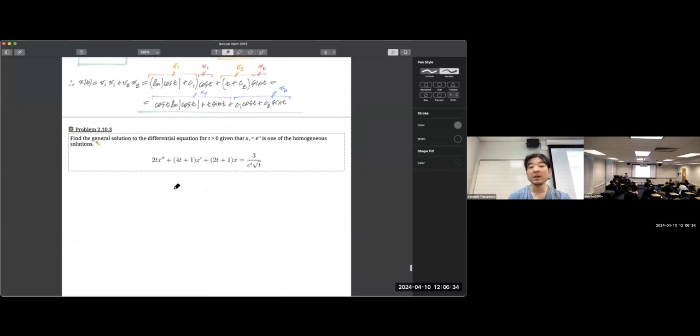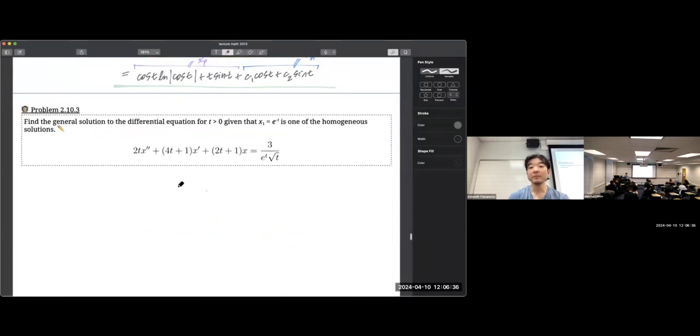So this equation here is more complicated. I can't just give you this right away and say solve, because we don't even know how to find the homogeneous solution for this, but I give you one. I'm giving you that x1 is one of the homogeneous solutions, e to the negative t.